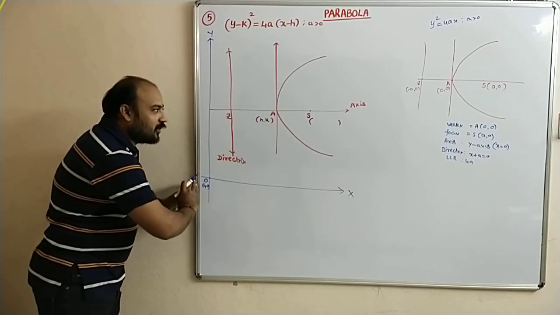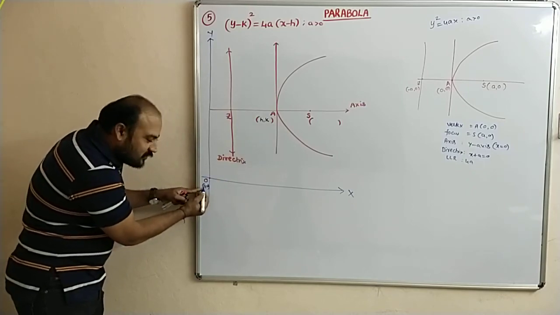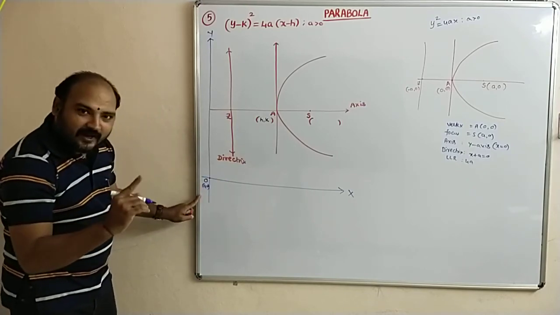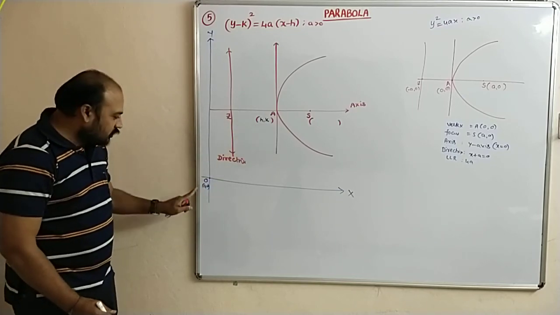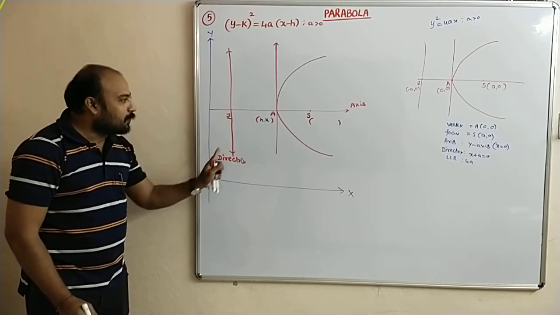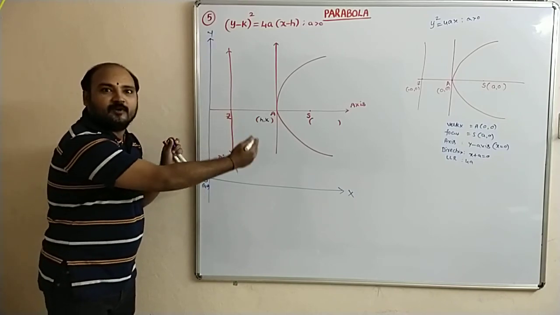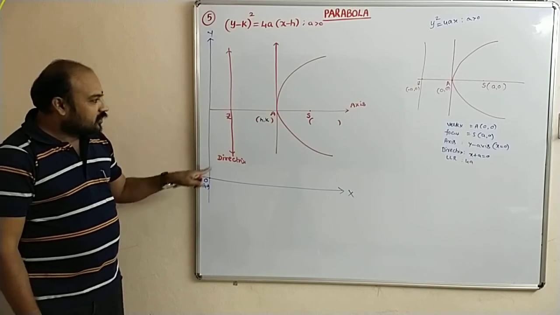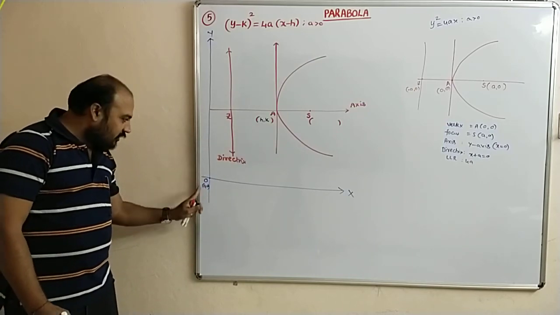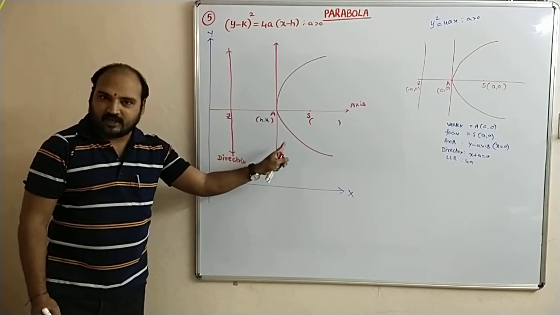Whenever the origin is shifted to h comma k, for the vertex 0 comma 0 we are adding h to the x coordinate and k to the y coordinate. So 0 plus h, 0 plus k. We discussed shifting of origin in first year transformation of axes. Based on that, the origin is shifted, that means the vertex is shifted to the point h comma k.